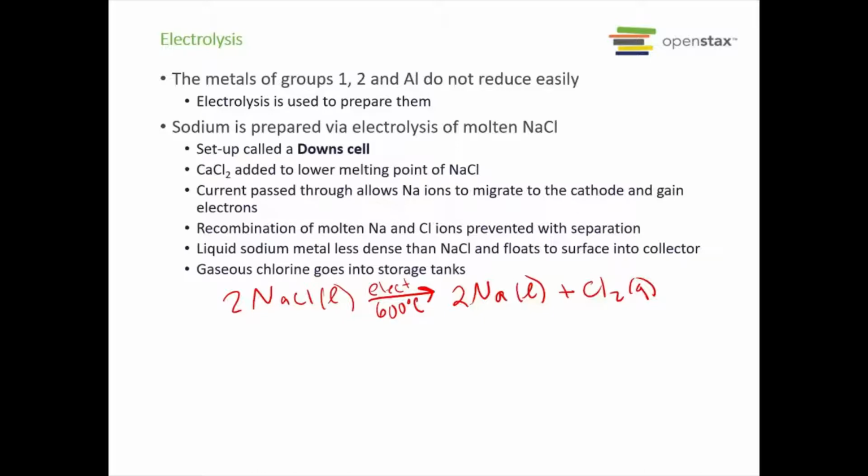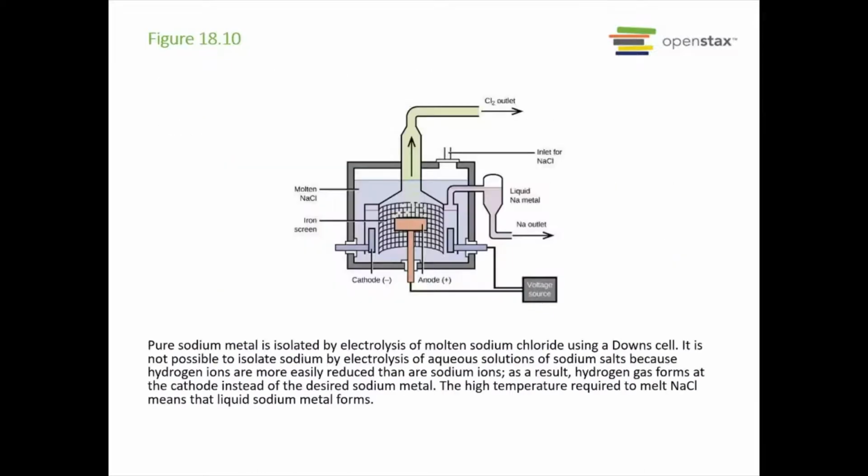So the reactions that happen at our cathode, which we'll look at in this picture: the cathode is where we have two sodium ions taking on two electrons to give us our sodium metal. And then at the anode is where we have our chlorine.